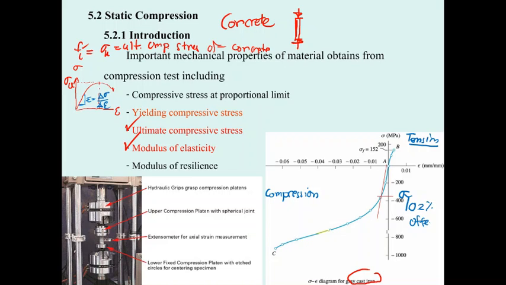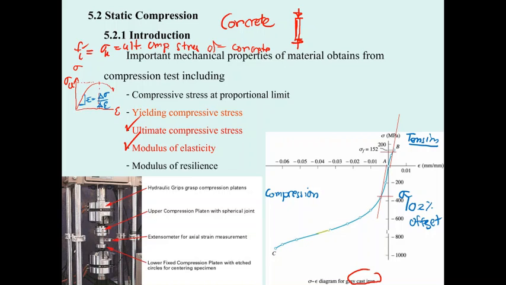For the stress strain in tension, you also use the same thing, and you get this one, and you may see the yielding stress in tension is going to be like 130, very small compared to 350.